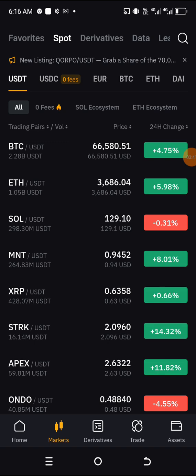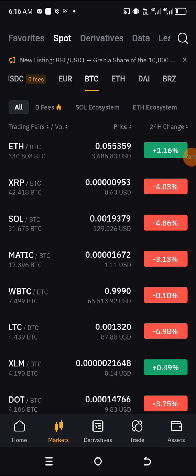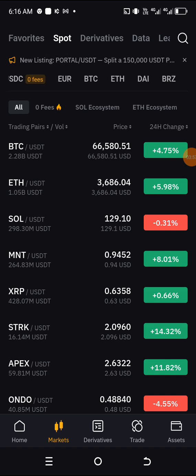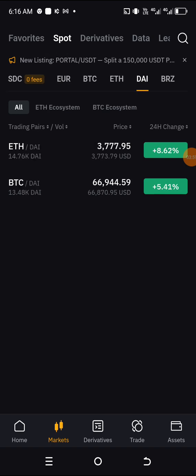Let's say under BTC, how much is ETH? 0.55. And under USDT, how much is ETH? 3600. And under that, how much? 3700. So these are kind of nice arbitrage you can run and keep making money for yourself.